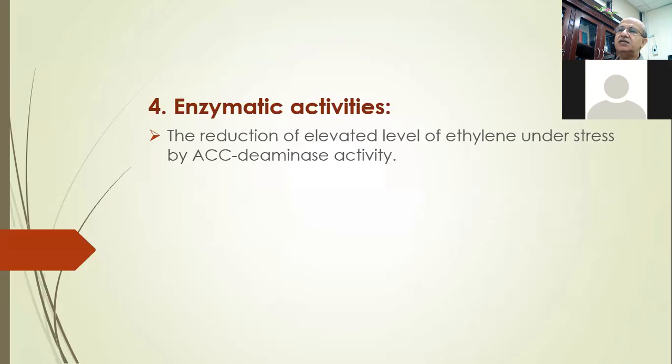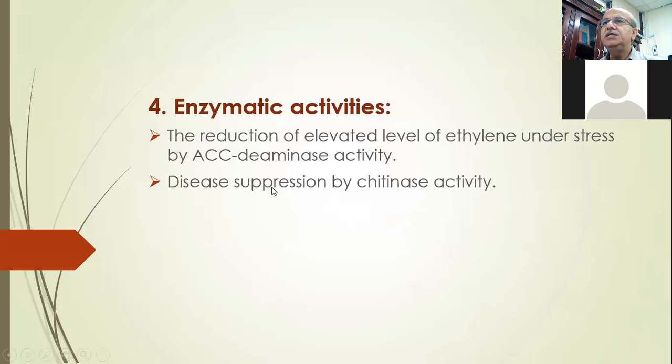Under stress condition, more ACC is produced, and there are certain bacteria which produce ACC deaminase activity, and that does not allow ACC to be converted into ethylene. As a result, the inhibitory effect of ethylene is suppressed.